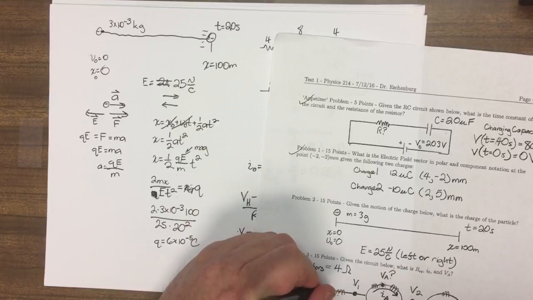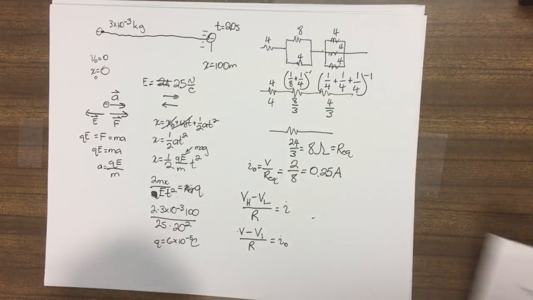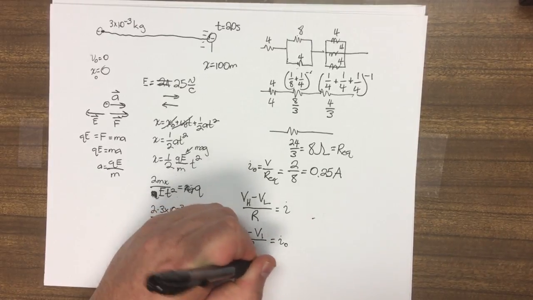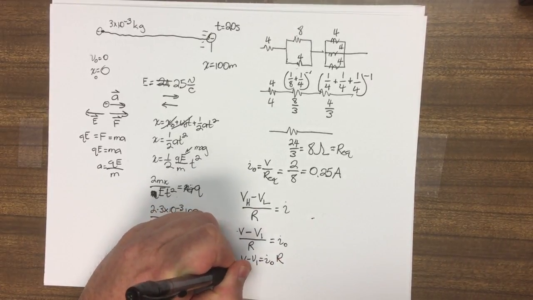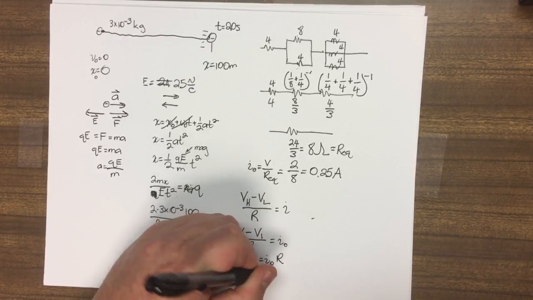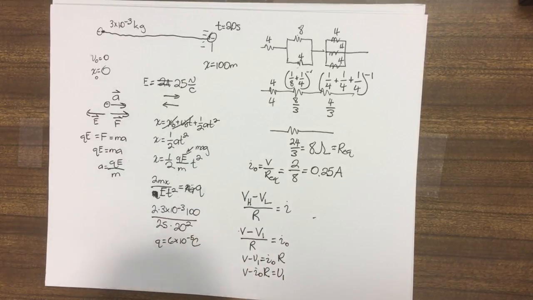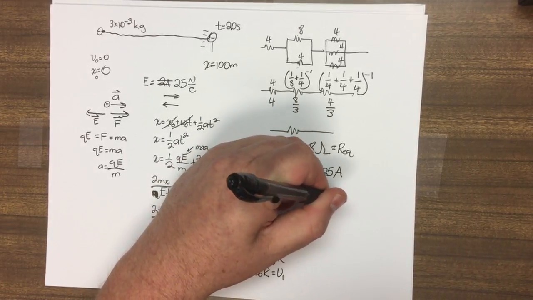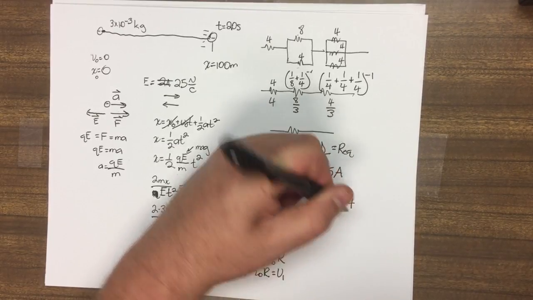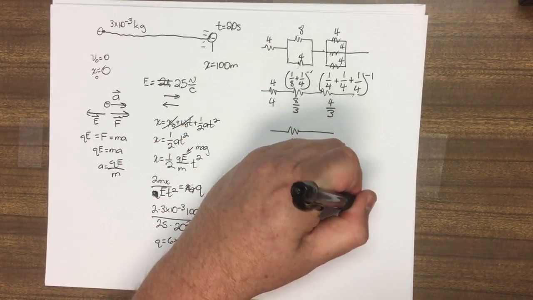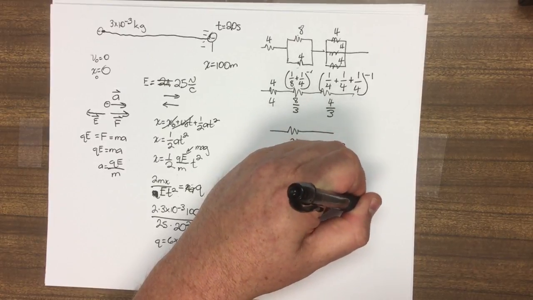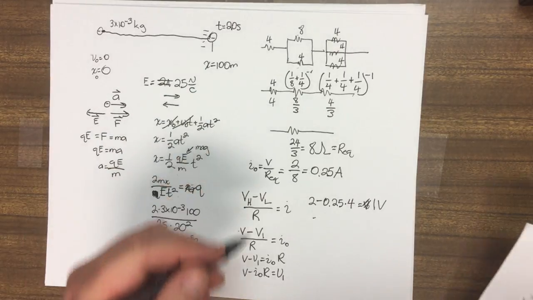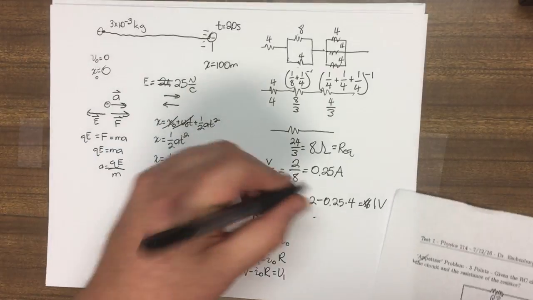Really all I'm doing is looking across this point. V minus V1 equals I naught R. V minus I naught R is equal to V1. So this becomes 2 minus 0.25 times 4, which is equal to 1 volt. So the high potential at V1 is 1 volt.